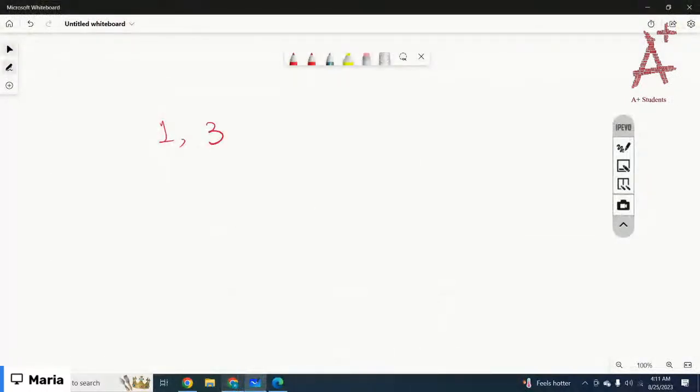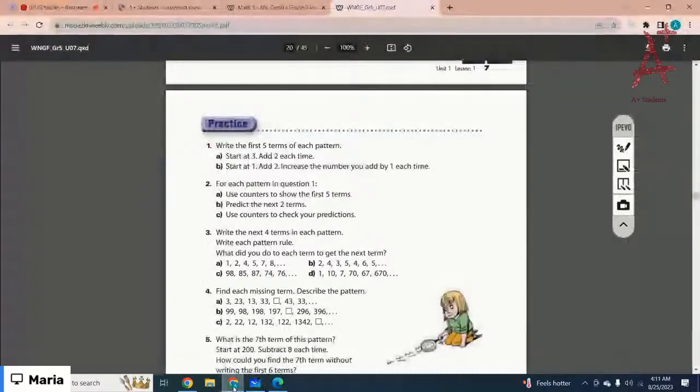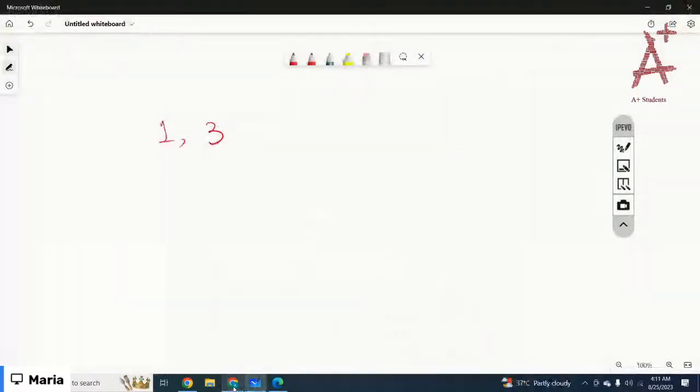Increase the number you add by 1 each time, right? So this time you added 2, now you have to add 3. 3 plus 3 makes 6. Now you have to add 4. 6 plus 4 makes 10. 10 plus 5 makes 15, right? You started with 1, you added 2. Now increase by 1 every time, right? So it would be 1, 3, 6, 10, and 15.